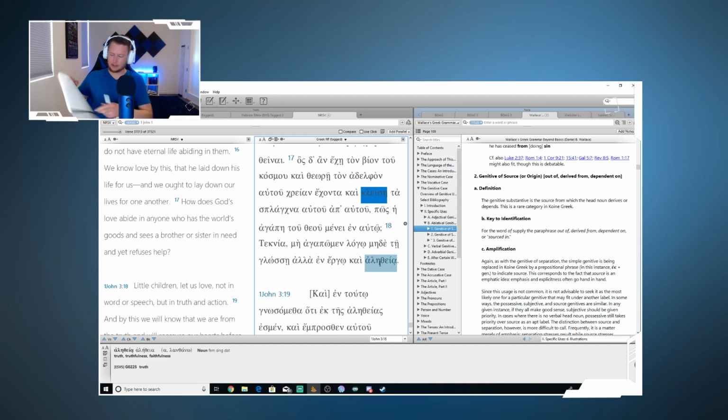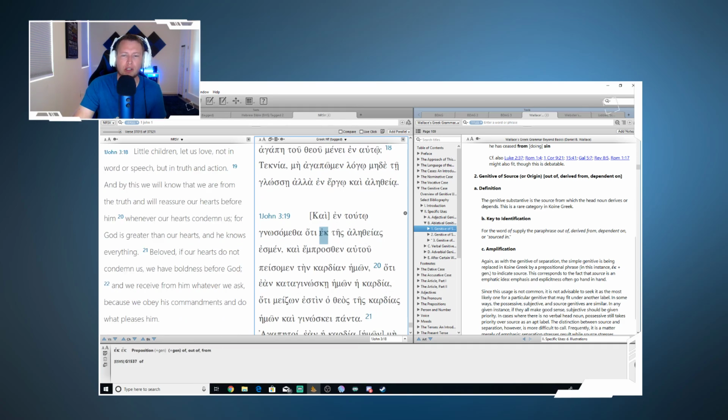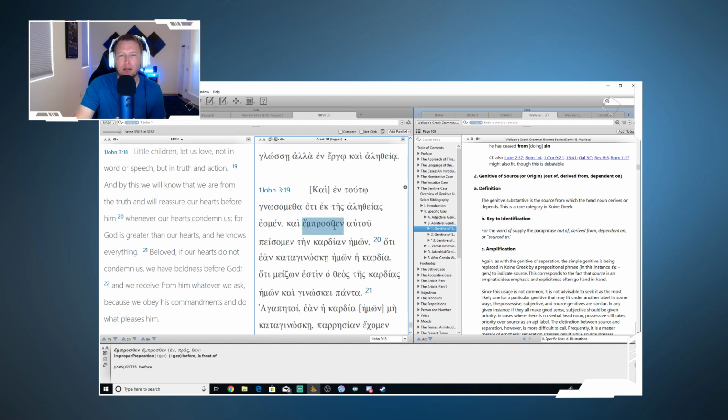Okay. Verse 19. Coming along. Again, kai is bracketed due to the weak attestation of witnesses. It's believed that this is probably not original. Kai en touto ginosometha hoti ek tes aletheias esmen. Kai emprosthen autou peisomen ten kardian hemon.